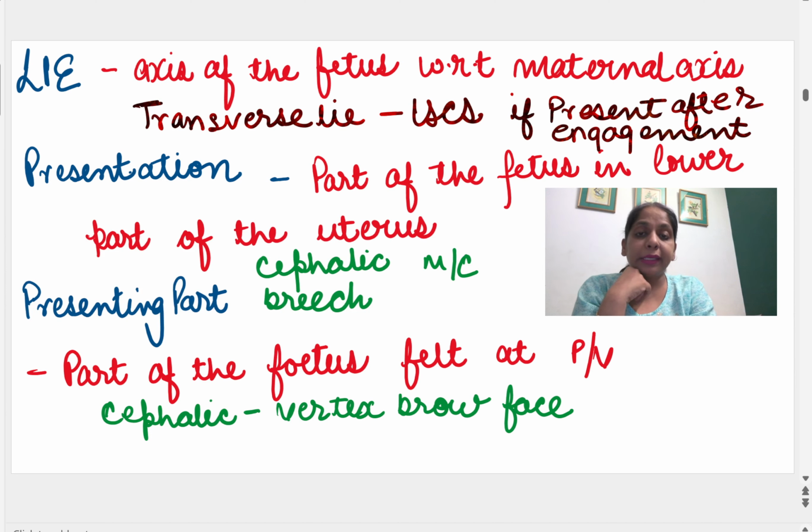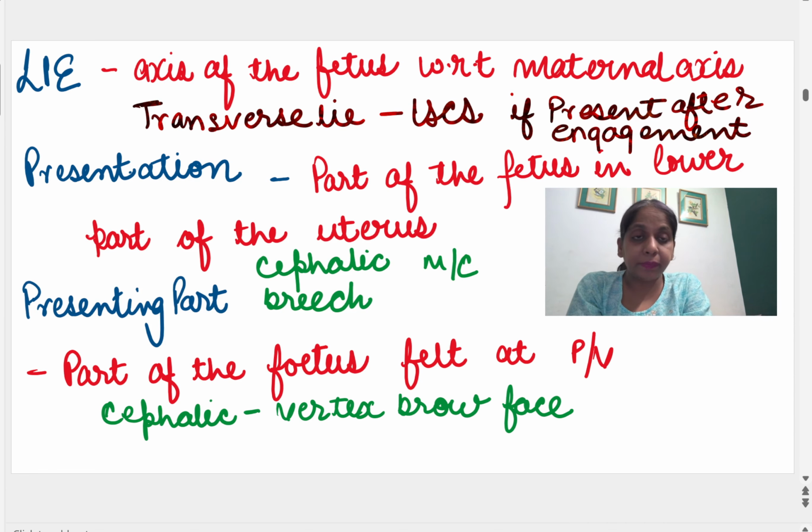You all know transverse engagement occurs at around 37 weeks. So only if engagement has occurred will we do cesarean, because before that the lie can change.